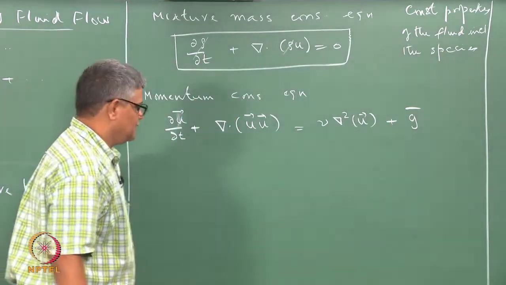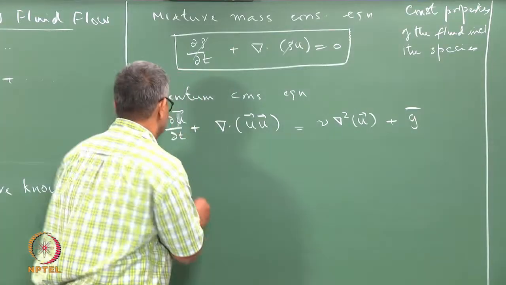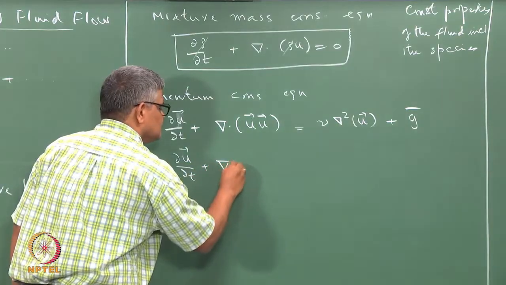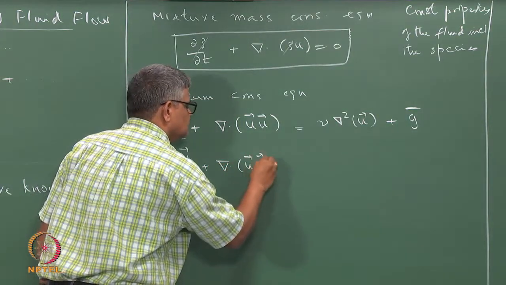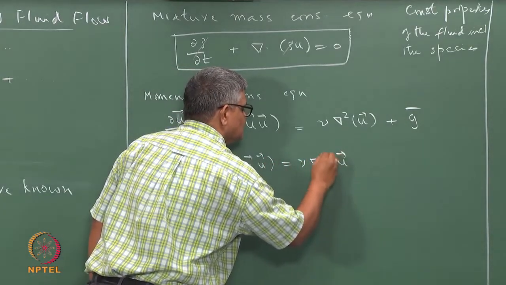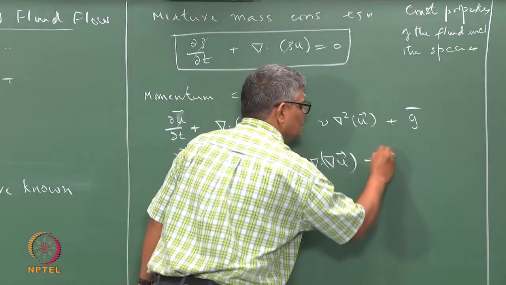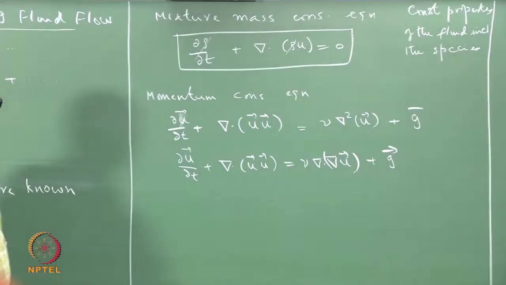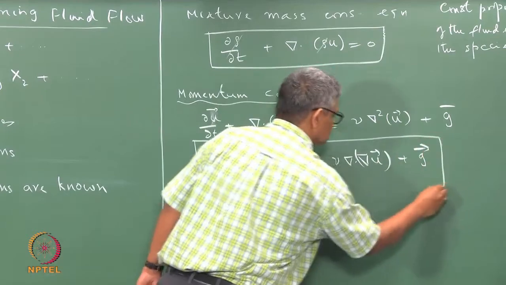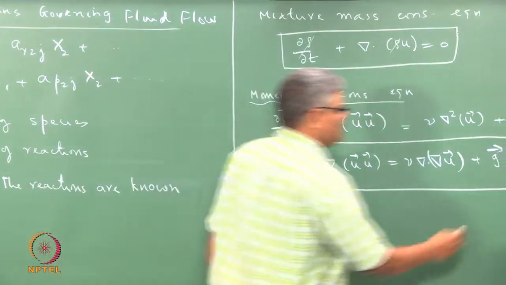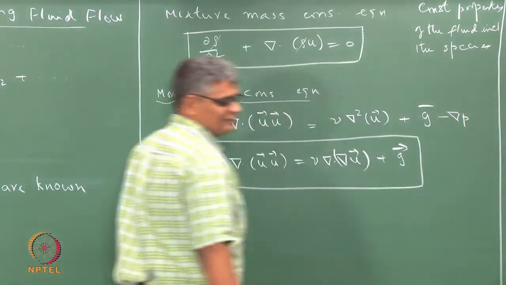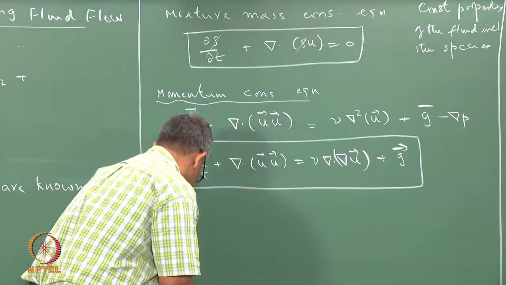We can write this also as dou u by dou t plus del dot, del u plus g here. So this is the momentum conservation equation. And we have also forgotten the pressure gradient, so that comes out here like this.